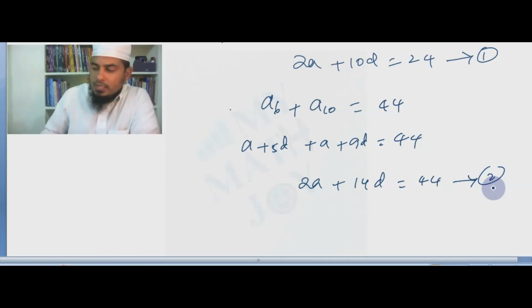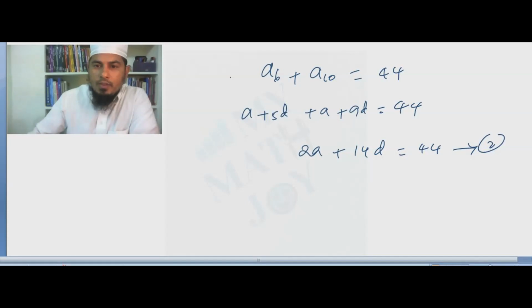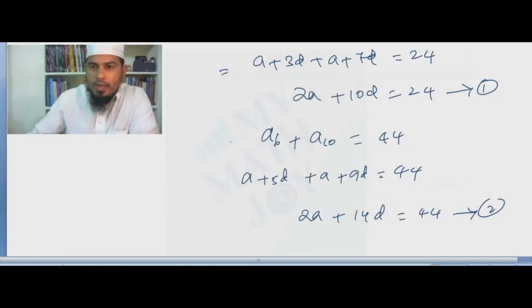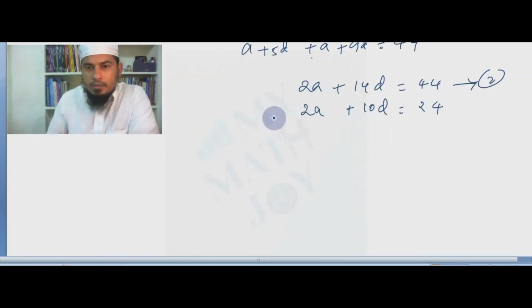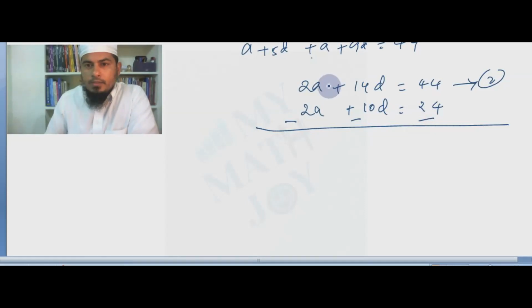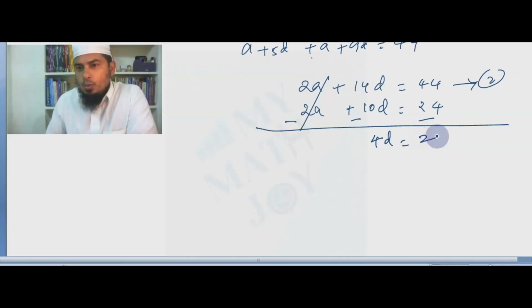The equations are telling me to use the elimination method to cancel and solve very easily. So 2A plus 10D is equal to 24. Subtracting: 14D minus 10D is 4D, and 44 minus 24 is exactly 20.